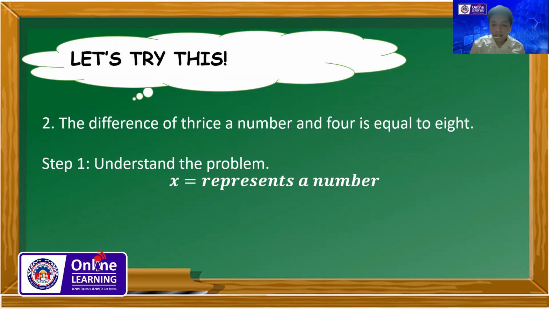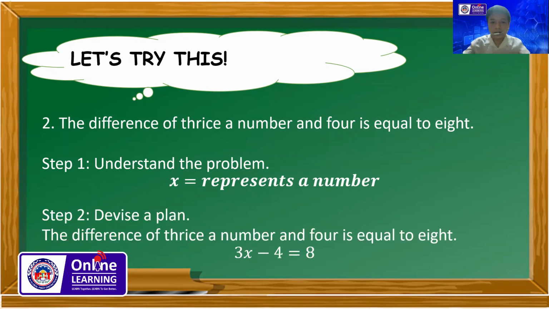Then after that, step number 2, devise a plan or just simply translate the verbal phrase, which is again the difference of thrice a number and 4 is equal to 8. Now if you analyze that, the difference of thrice a number, if we say thrice a number, it is equivalent to 3 times x. And then again, the difference of thrice a number and 4.